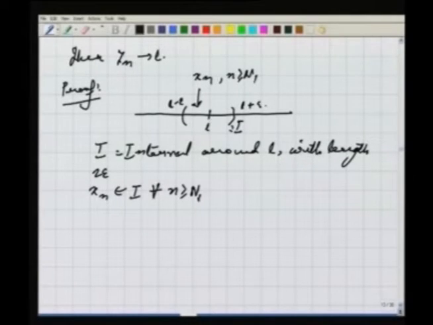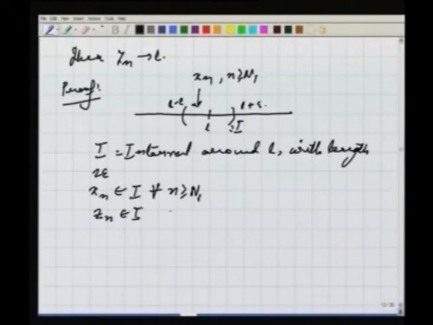What happens to zn? It is given that zn also converges to L. That means zn also belongs to I for all n bigger than or equal to some stage. It is not necessary that these two sequences have the same stage. Well, I would say n2.